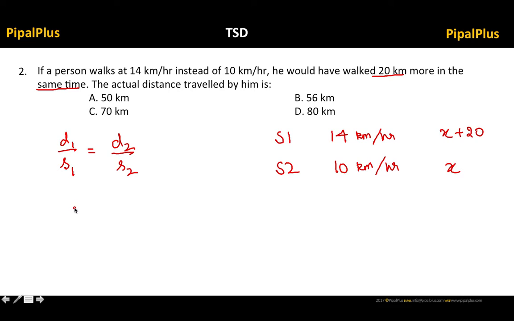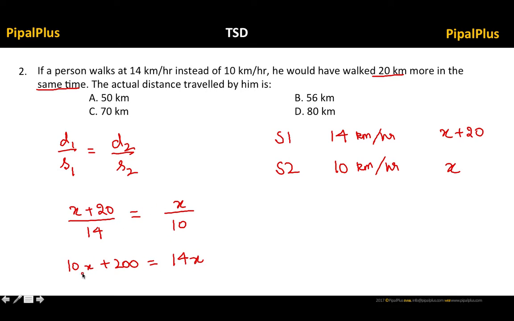So the distance in the first case is x plus 20, right? And the speed with which x plus 20 is covered is 14 kilometers per hour. This should be equal to the distance covered in the second case and the speed with which this distance is covered. Now let's cross multiply. We get 10 times (x plus 20), which is 10x plus 200, equals 14x, right?